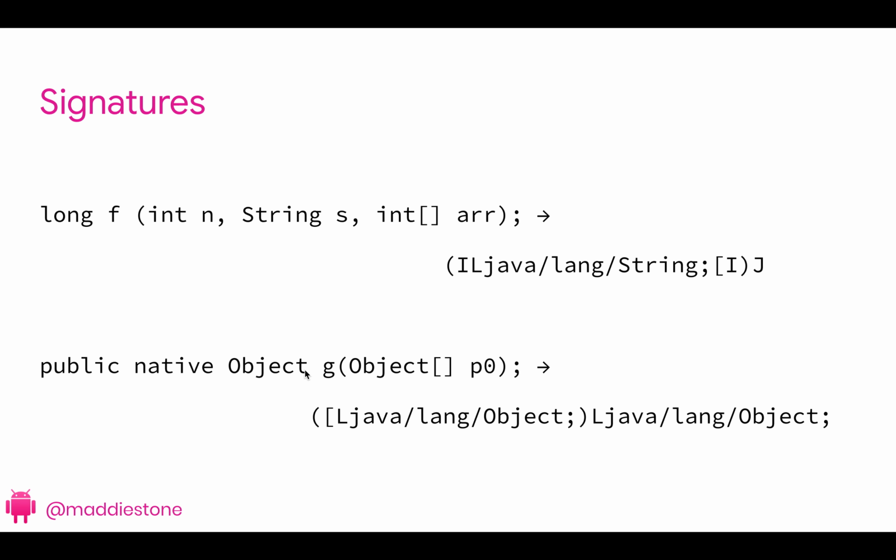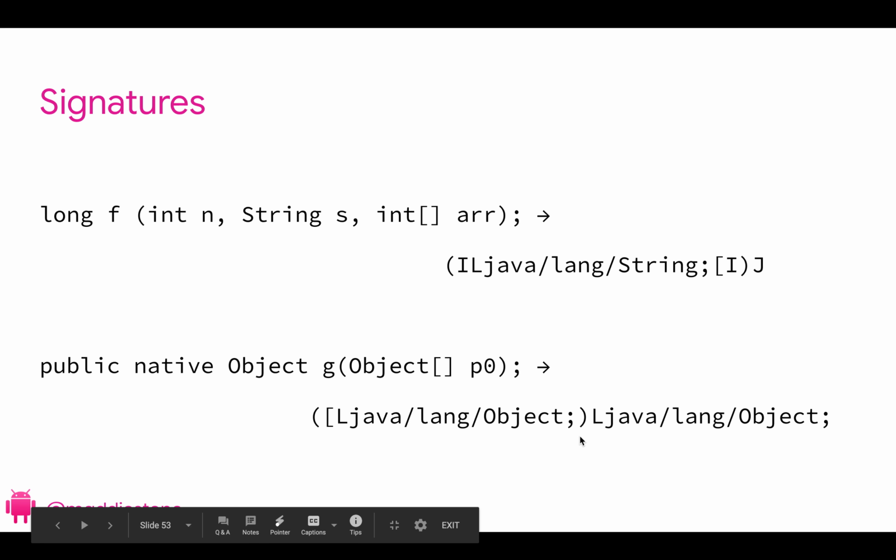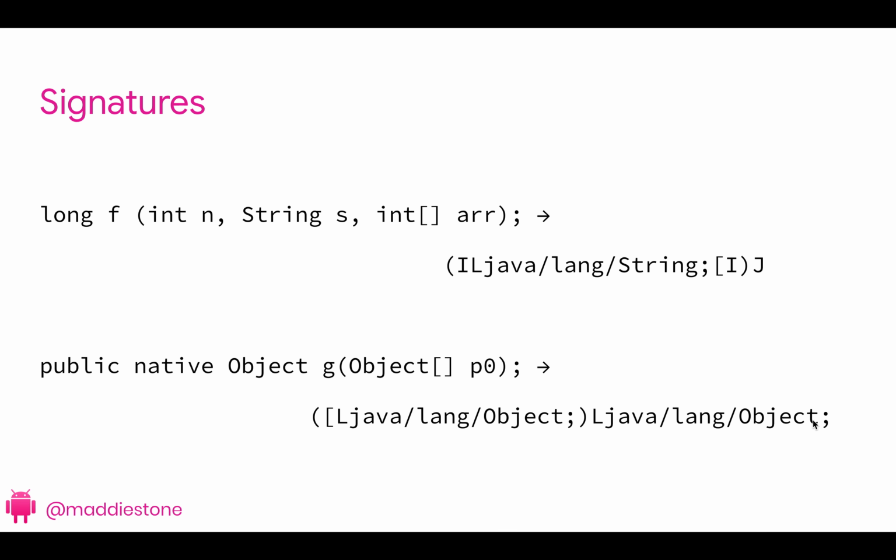It returns an object, and it takes a single argument, which is an object array. So our signature would look like an open parenthesis to designate the arguments, then an open square bracket to designate an array. It's an array of objects, so L, java/lang/Object, semicolon. That's the only argument, so we close the parenthesis, and then we return an object. So that's what a signature is.